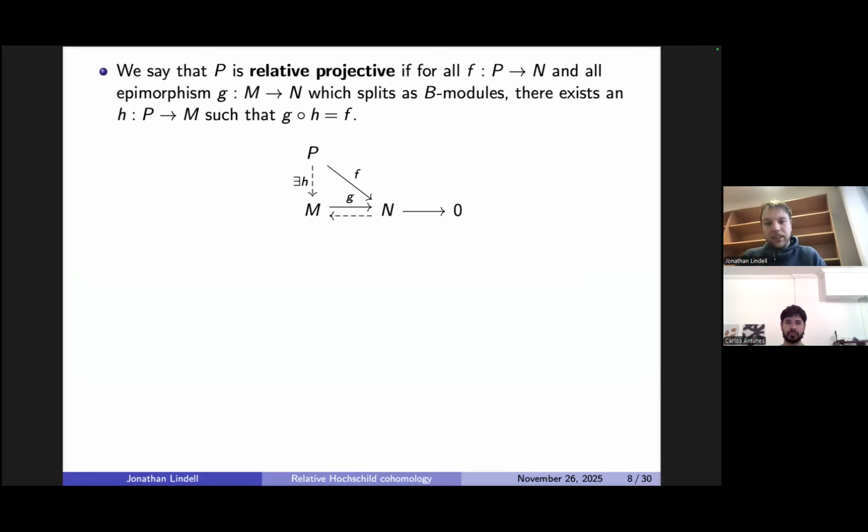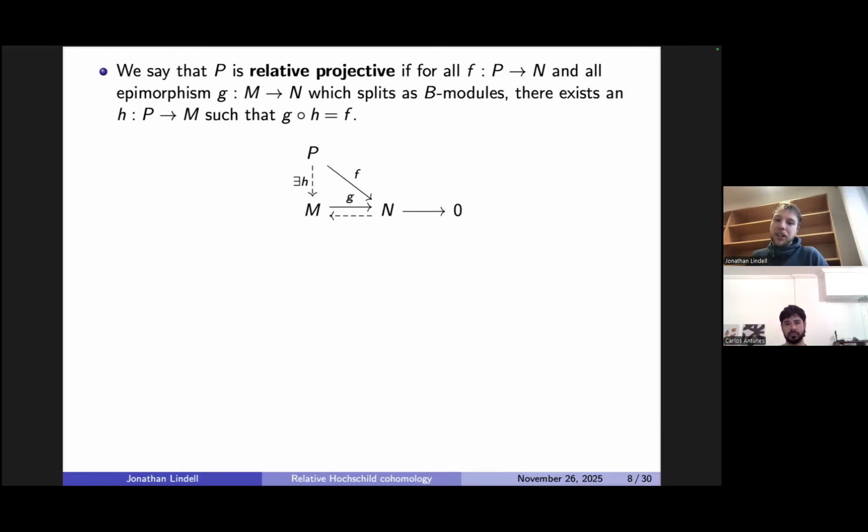Okay, so now we have this idea of what it means to be relative exact. So using this, one can define what it means to be relative projective. So we say that a module P is relative projective if for all f from P to N and all surjections g from M to N that split over B, there should exist an h completing this triangle.